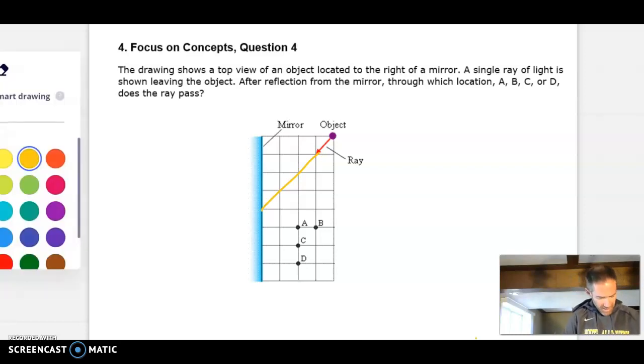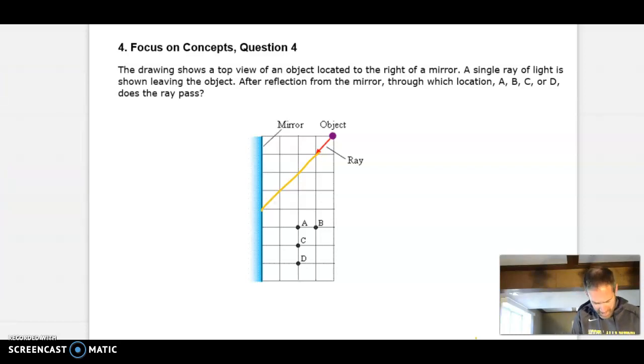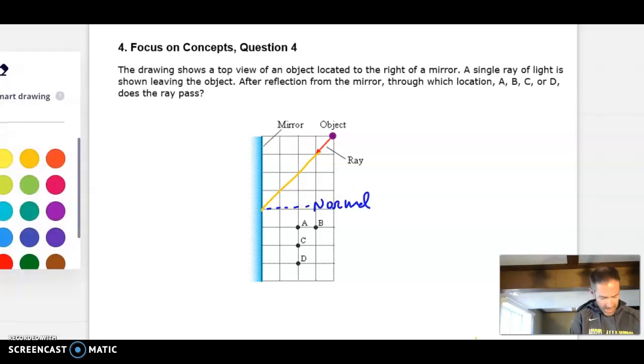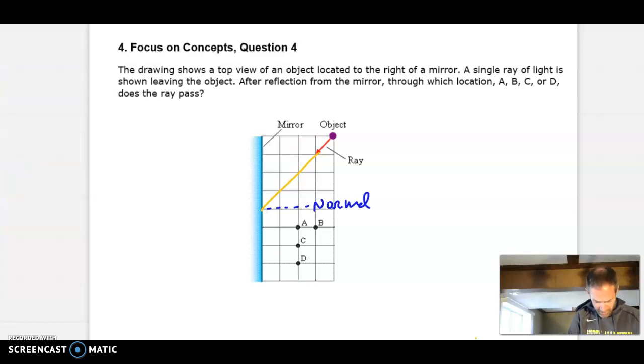Well, the normal line is going to look like this. And then the light is going to reflect off of here, and since it's cutting right diagonally across each one of these, it's going to go like that. And so there's our path of our light, and so it's going to go right through C.